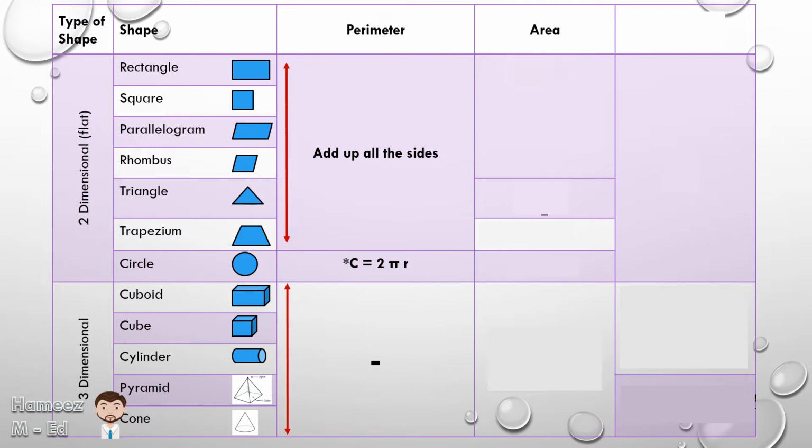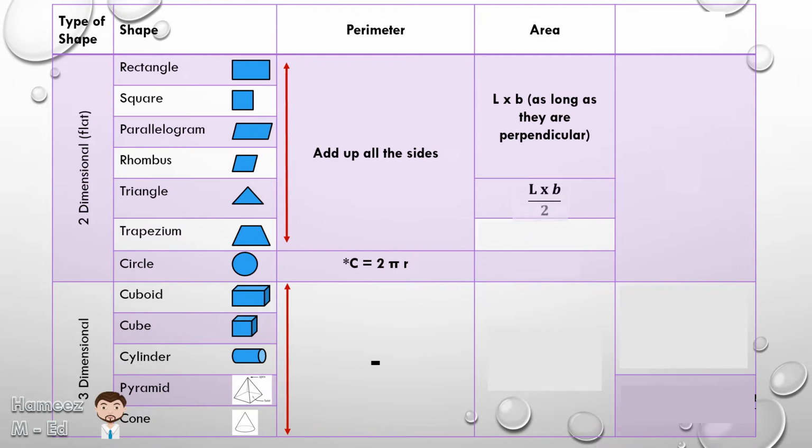Now let's look at area. Area can be considered to be the number of squares that are required to cover the entire shape. So for a rectangle, up to a rhombus, all those will be length times breadth, as long as the length and the breadth are at 90 degrees to each other.